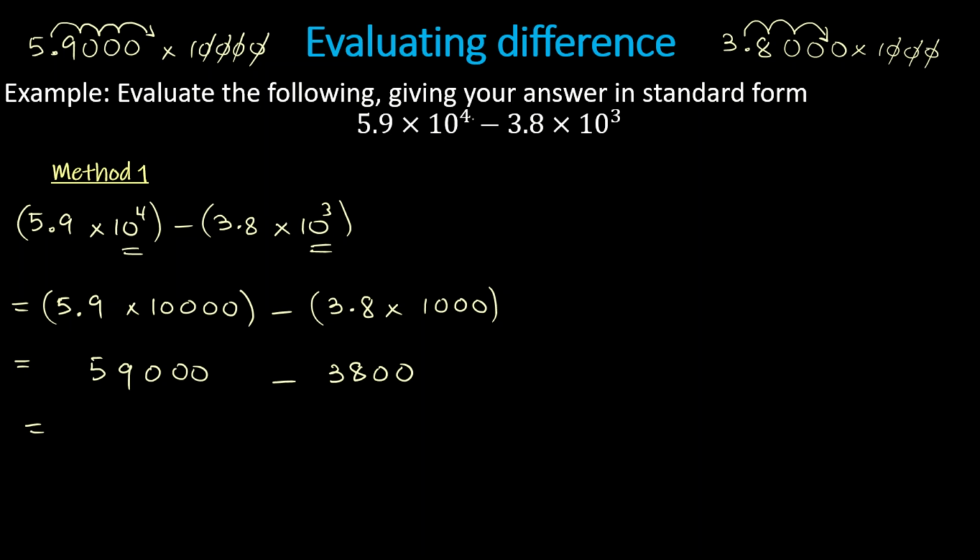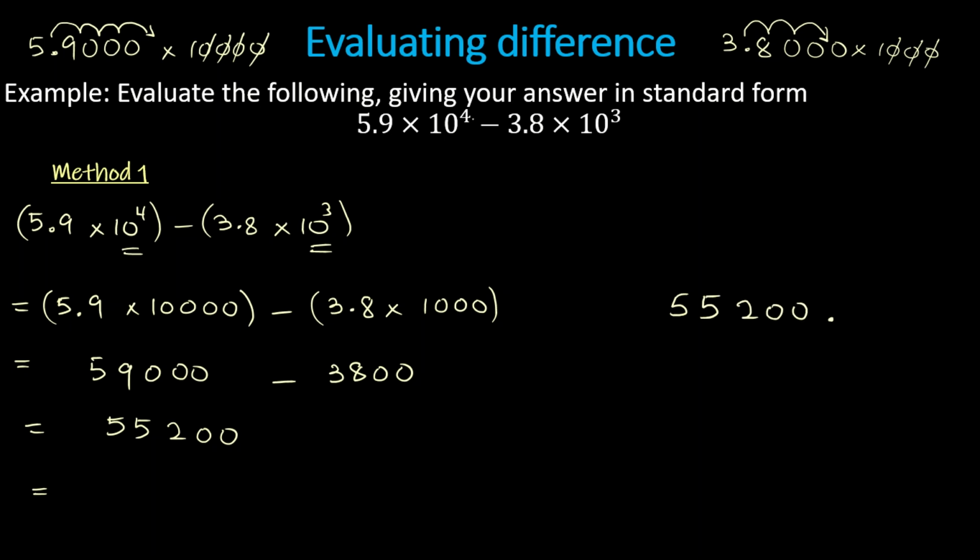I subtract these two. 59,000 minus 3,800. This will give 55,200, right? And now we have to write this number in standard form. Okay, 55,200.